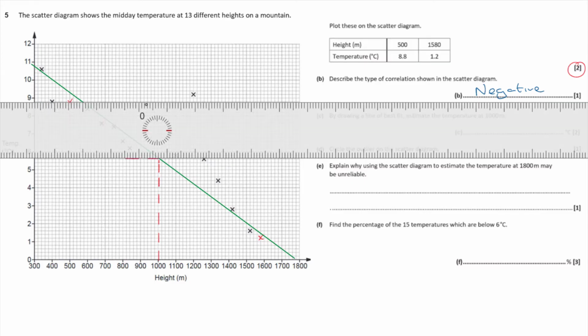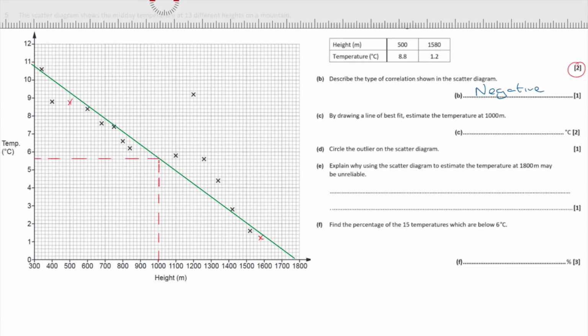Okay, it's a good idea to draw these marks on. It shows method. Okay, so it ends up there. What's that? 5.6. So I'm going to say that the temperature at 1,000 meters is going to be 5.6 degrees.